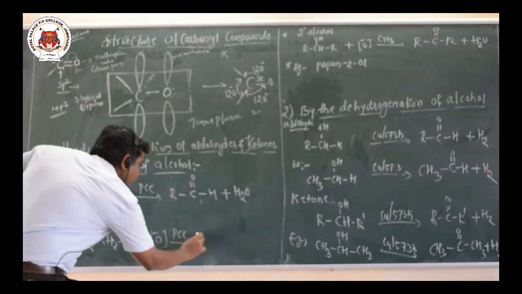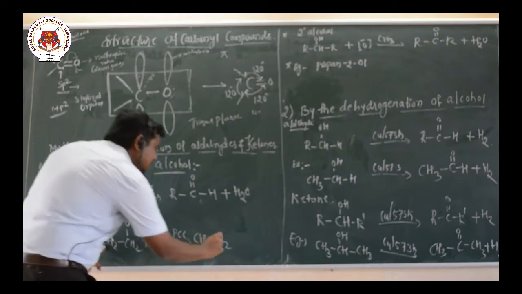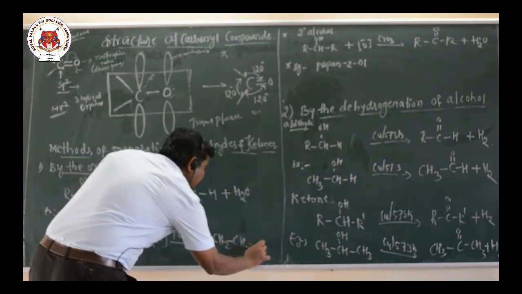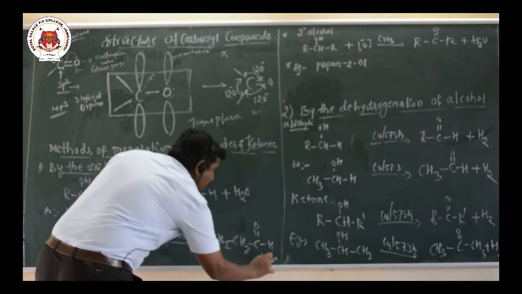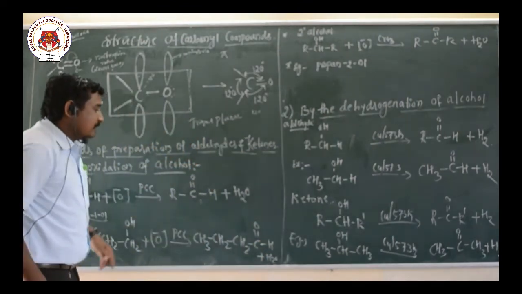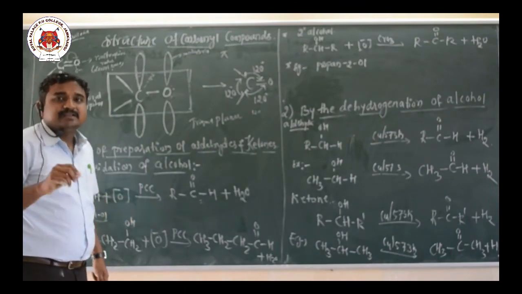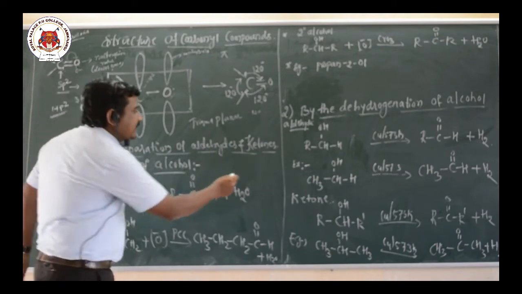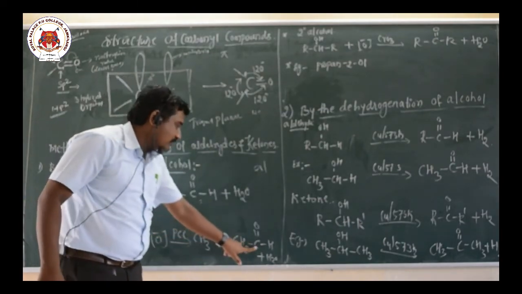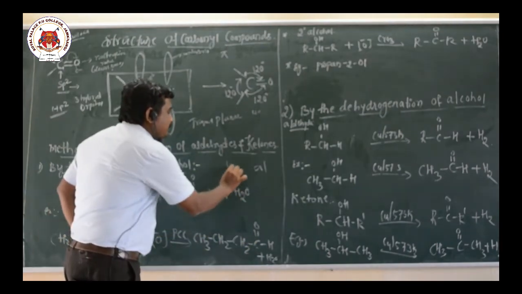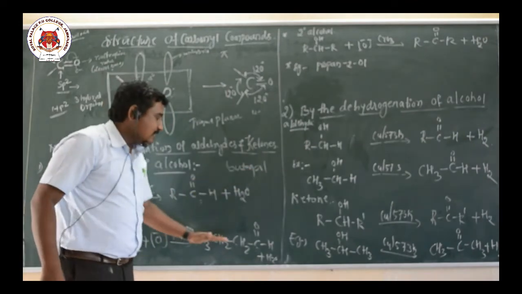The product is CH3CH2CH2CHO plus loss of H2O. The name of the product is butanal. An aldehyde functional group is there, hence you use the suffix al. The total number of carbon atoms is 4, so the word root is but, and the product is butanal.